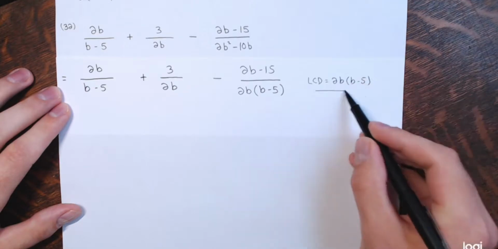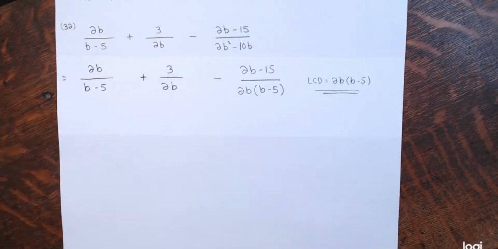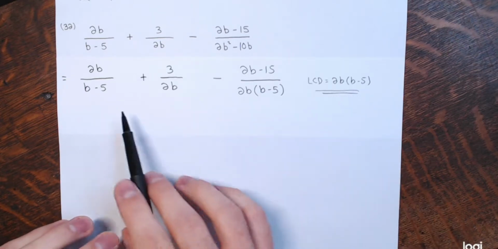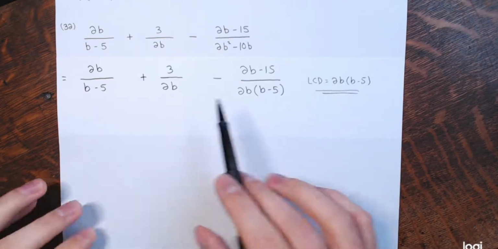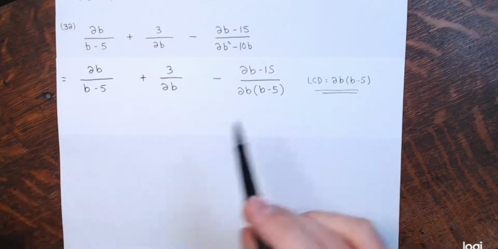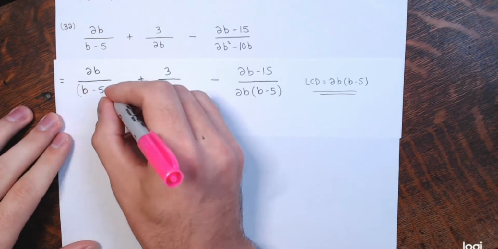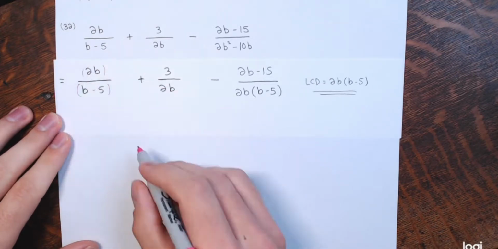And again, I've already talked about in previous videos and very early on in this video, how to find the LCD. So great. Now I'm going to try to make every single one of these fractions an equivalent fraction with this denominator. So in the first fraction, I'd have to multiply the numerator and denominator by 2b.